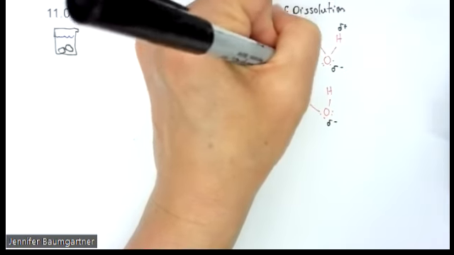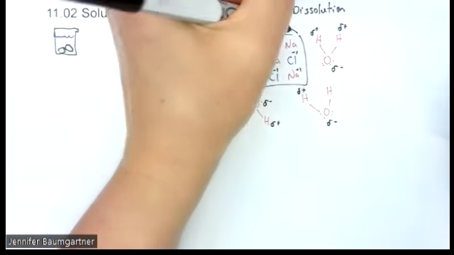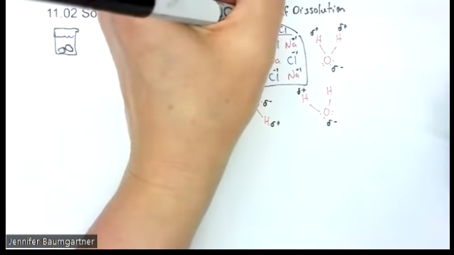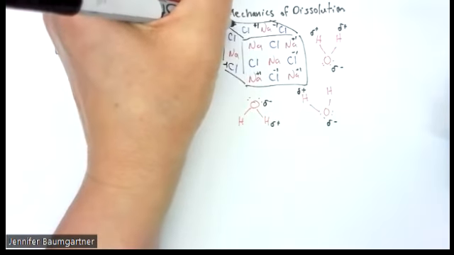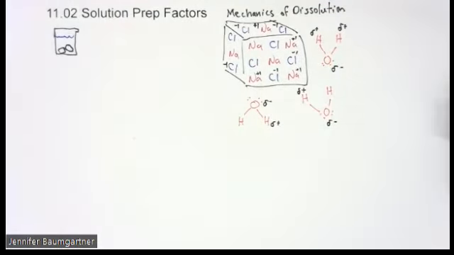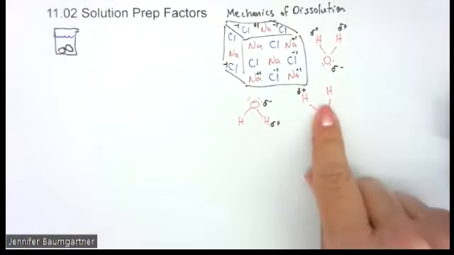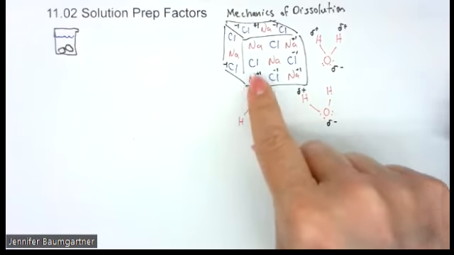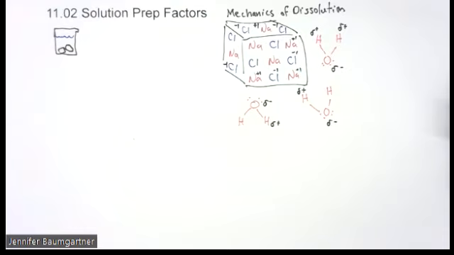So I've got positive 1, negative 1, positive 1, negative 1, negative 1, positive 1, negative 1. Well, think about what we know happens with charges. I now have charges around this ionic crystal lattice, and I have charges within this ionic crystal lattice. What do you think is going to happen? Can you make a prediction?